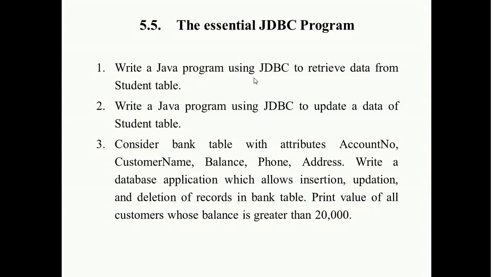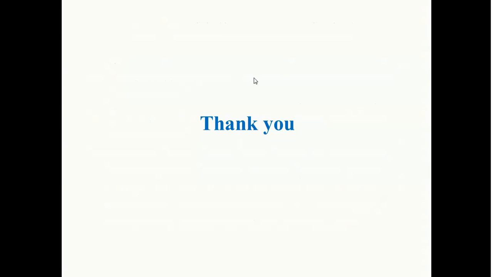For performing JDBC related programs, first we create the database in Microsoft Access and add the system DSN into the data source. Then we'll get the correct output. Thank you.